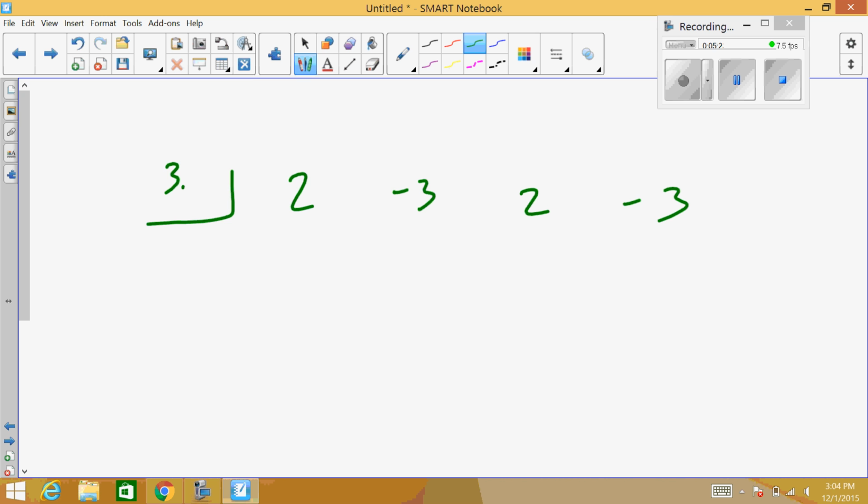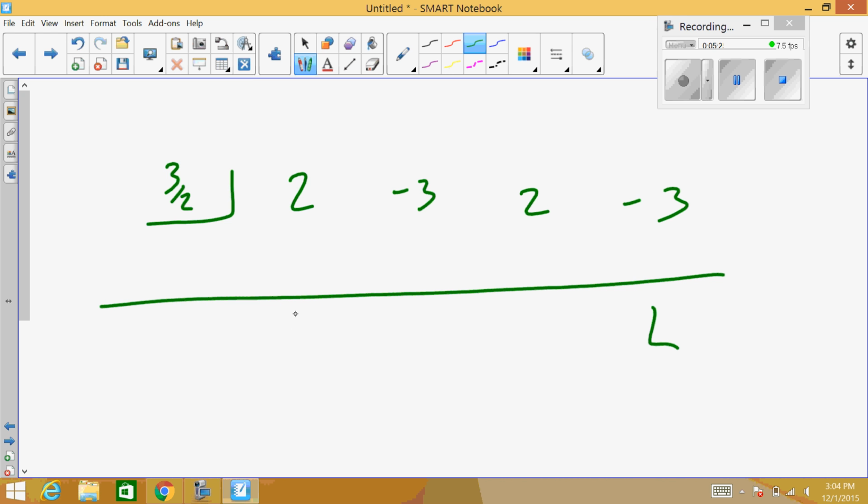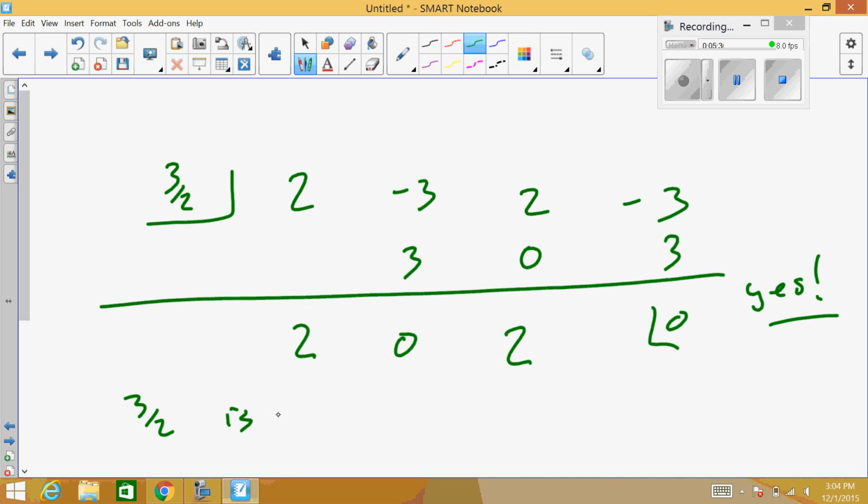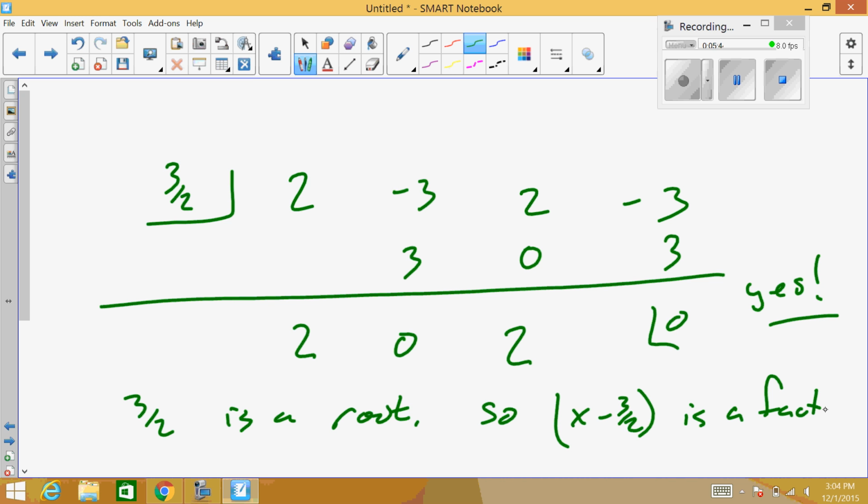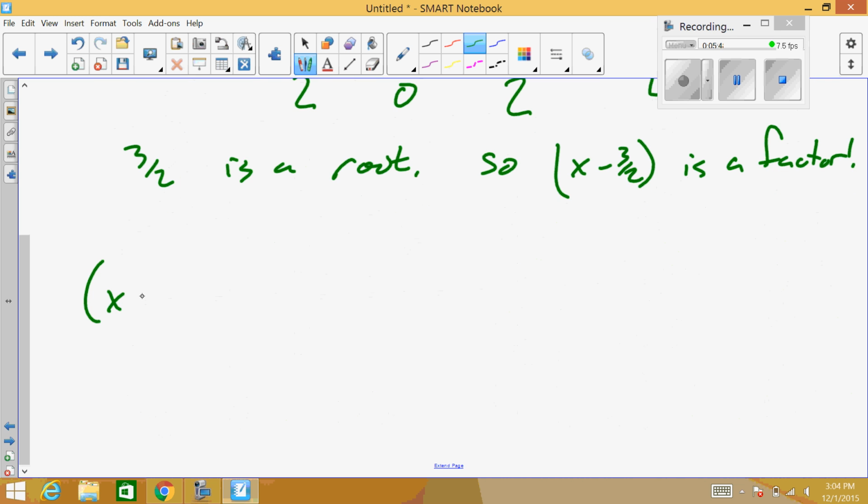First possibility, I'll start with 1: positive 1 over 1, negative 1 over 1, 1 over negative 1, negative 1 over negative 1.